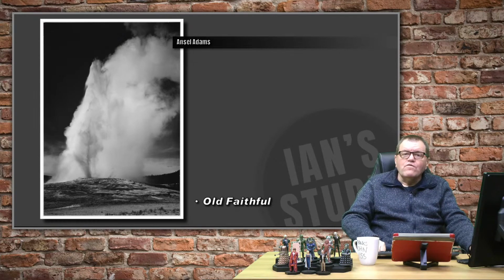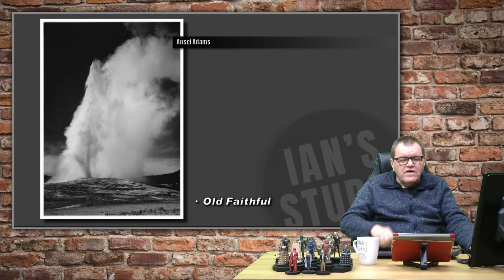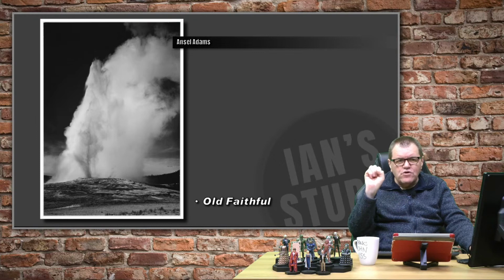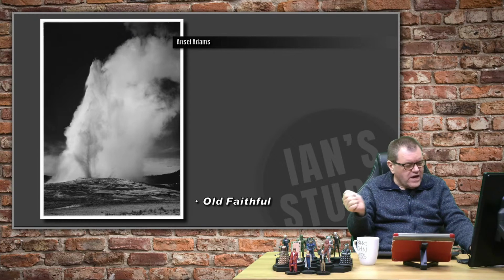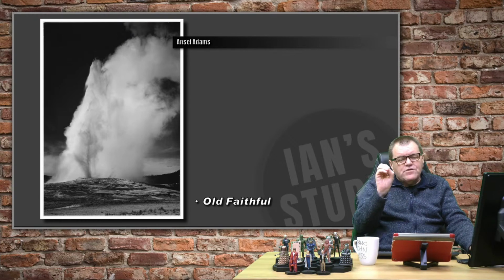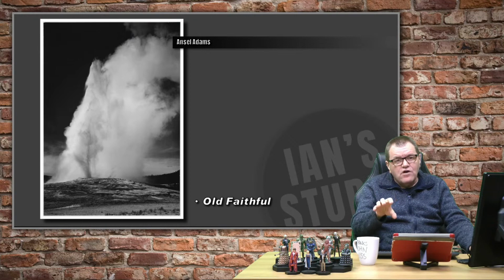And here, Old Faithful, the geyser in, is it Yosemite, Yellowstone, where he's photographed that. Again, the deep blacks and the white, but the detail is still there at both ends. When you look at one of his images, you don't get plugged up blacks, you don't get blown out highlights, but you've got that full range with them. So that's what Ansel Adams is known for.